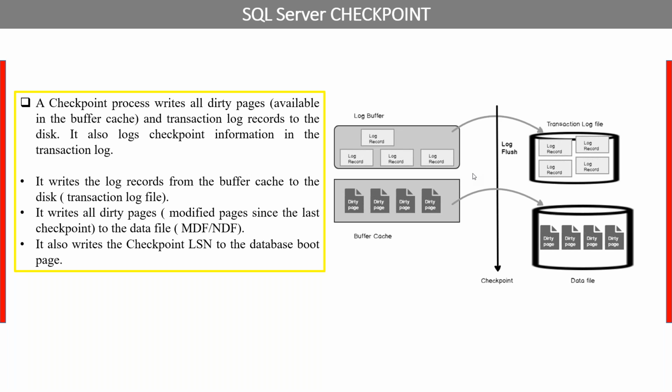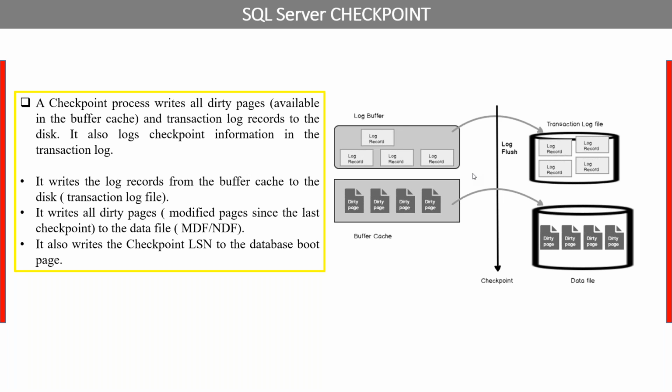When a checkpoint triggers internally, we can control the checkpoint, sir. You can tell SQL Server to run checkpoints every 2 seconds, every 10 seconds, every 1 minute, every 2 minutes, every 10 minutes. But as per best practices, don't change the checkpoint interval time, because it may affect the recovery time.